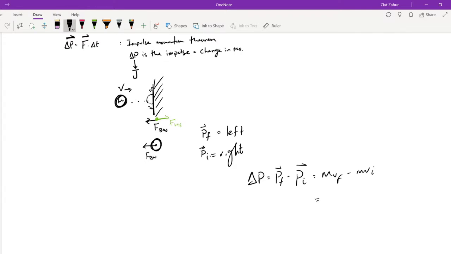And using left and right appropriately, we can see how the final momentum is left, and you double up if it bounces back. So you would have minus and minus and your impulse or your change in momentum would be pretty big.